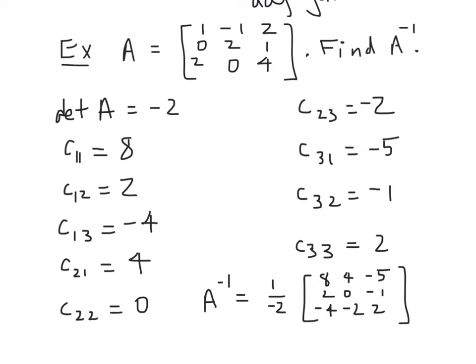Alright, so that was a fair amount of work, but if you don't like row reducing, you might prefer this. And so what you see now is how we can use determinants to calculate the inverse of a matrix using Cramer's rule.